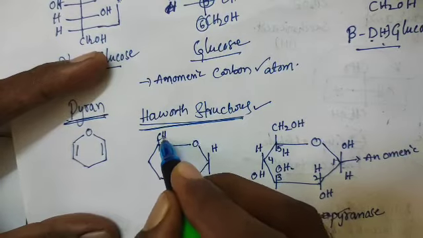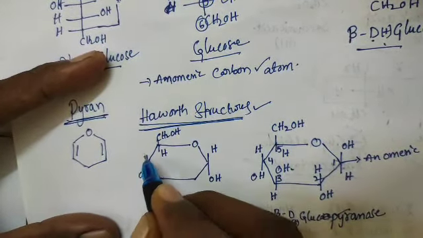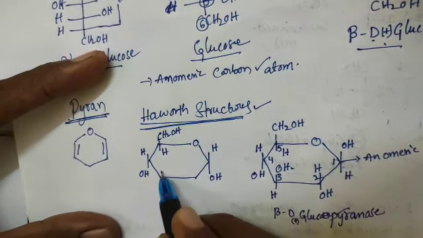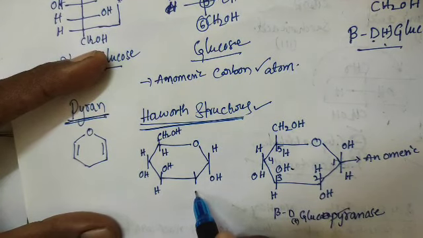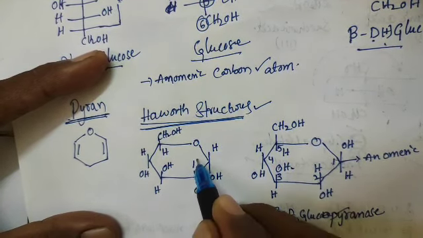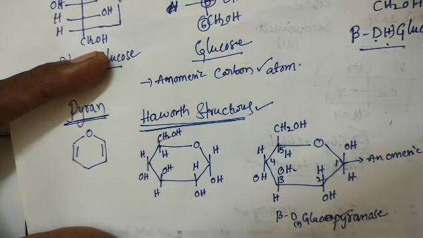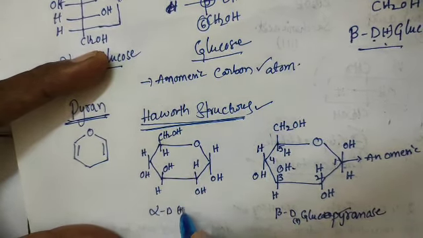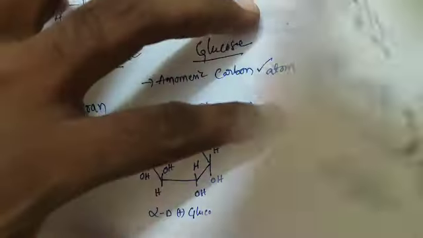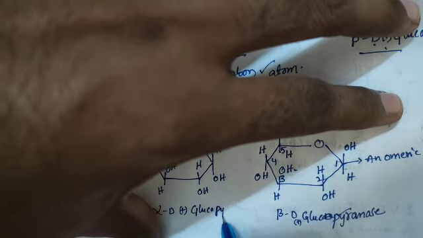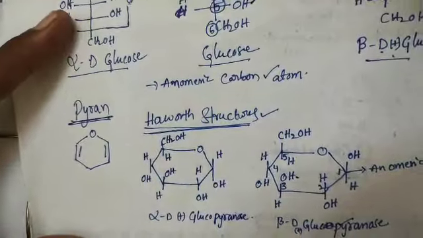Next, same CH2OH here, hydrogen here, OH down and H up here, OH, H here, OH and H. This is alpha D plus glucopyranose. So these are the names.